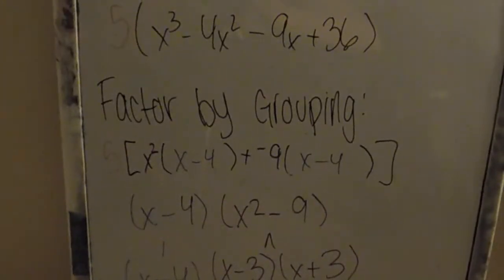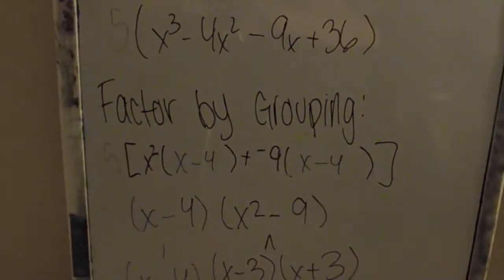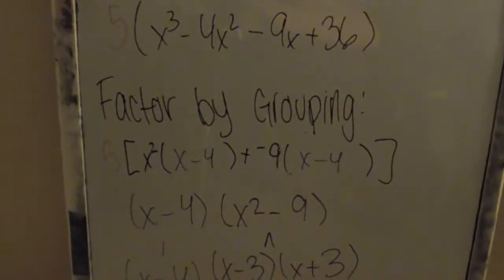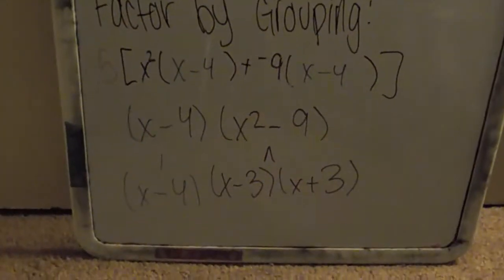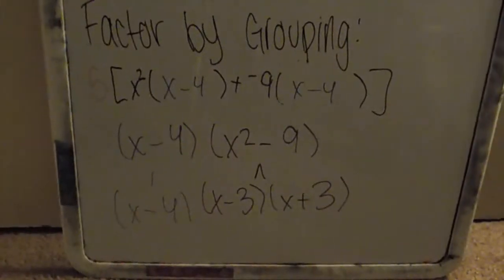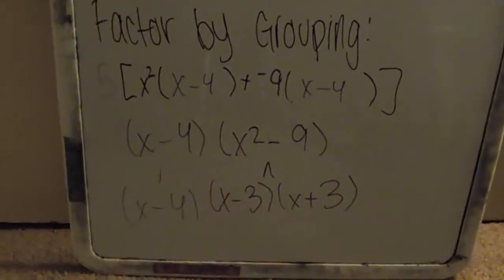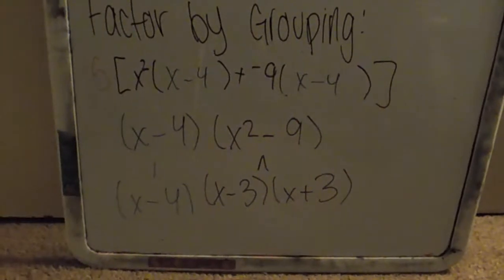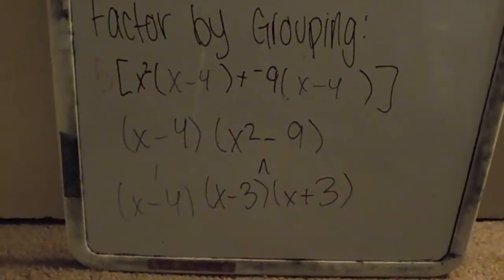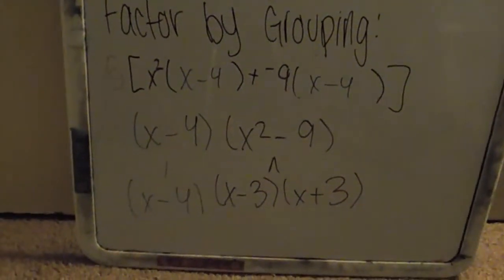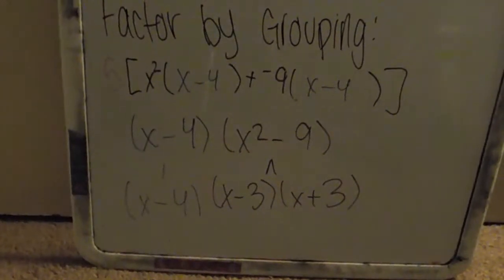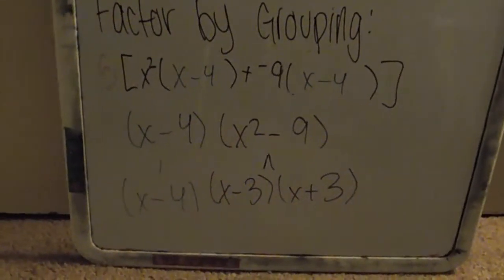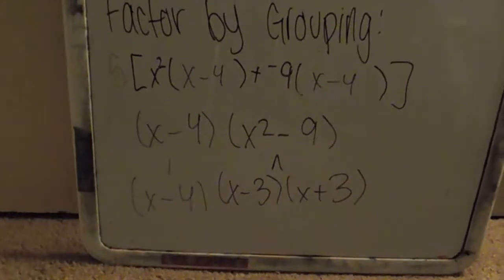And you always want in the parentheses the same thing on both sides. So then the same thing goes together, and you put the numbers and constants on the outside in one parenthesis. In this case, you can factor out more of the x squared minus 9, so I just did that, and then your answer is x minus 4 times x minus 3 times x plus 3.